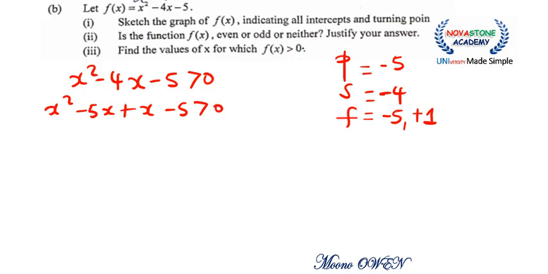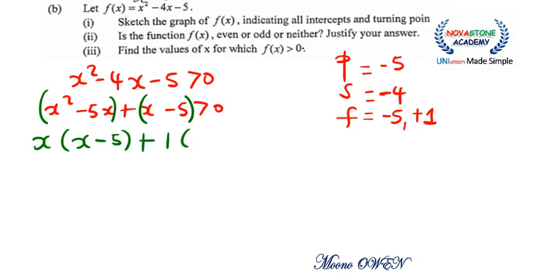Now that I've got that, I'm going to factorize. I'm going to divide my equation into two, this one and that one. Then I'm going to factorize them individually. When I start with the first one, you know that x is common on both terms, so I'm going to have x outside, then I'm going to remain with x minus 5, plus, on the other side I can put a 1 outside, then I'm going to have x minus 5.